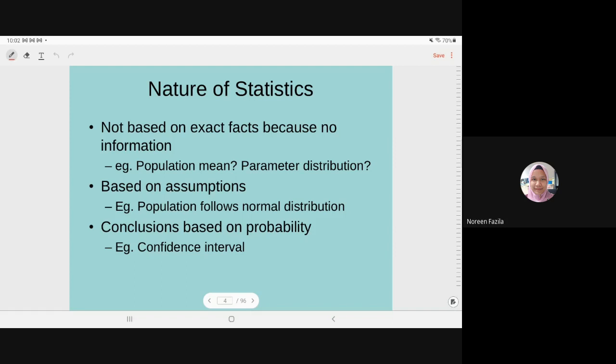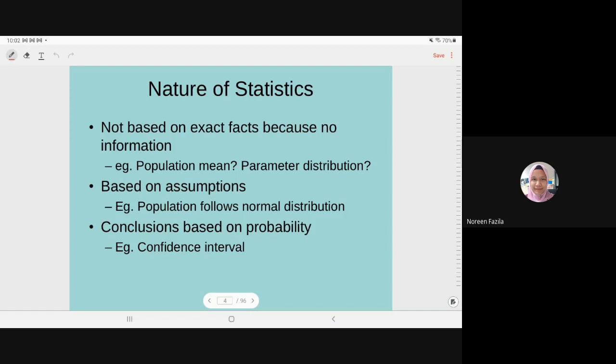So to determine the population mean is impossible. But in doing statistics, we need the population mean. So what we usually do is estimate the population mean. We take a few samples, 5 or 6, and measure them, and then we get the average.